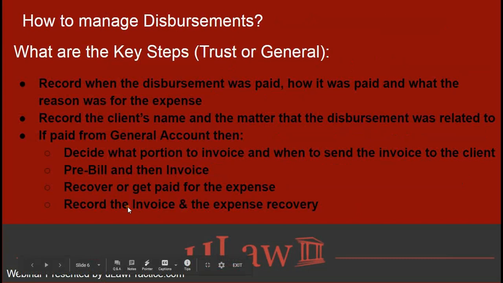So what's special about disbursements? Capturing it when it happens because it's recoverable, it's your money that you've spent. What different vehicles of financial accounting do you have in your power to utilize as you pay for these disbursements? You have the trust account.